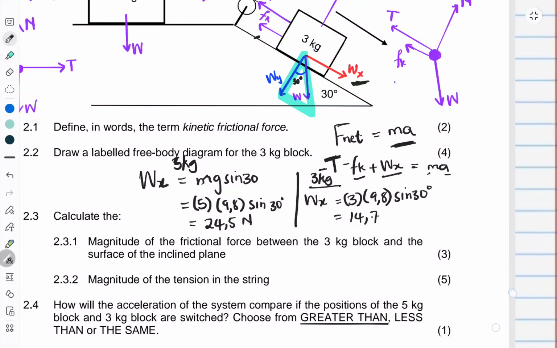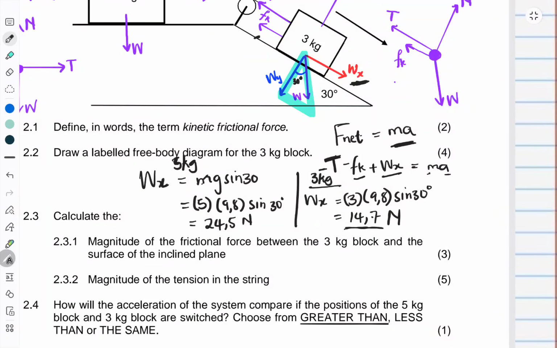Do you see that the force that's driving the system downwards has nearly doubled when we switch the blocks? So when it was the 3 kg block, the system was being driven by the parallel component of the weight of the 3 kilogram block, and the magnitude of that parallel component is 14.7 newtons.